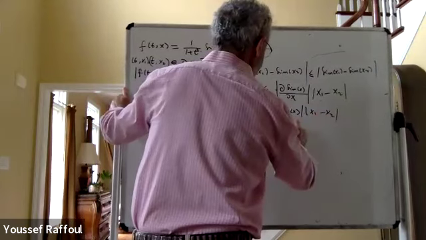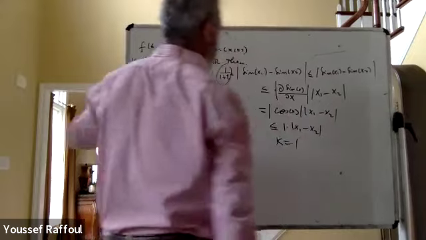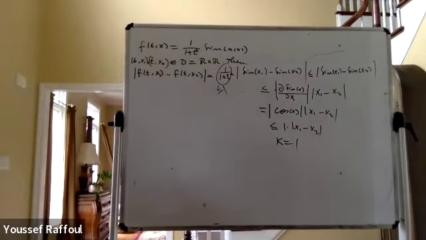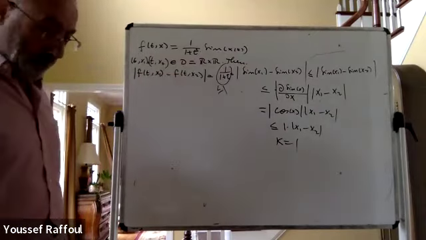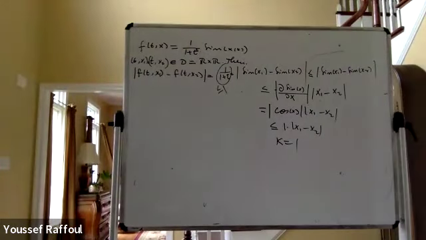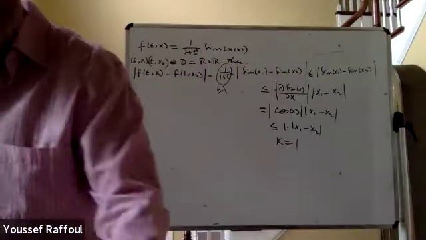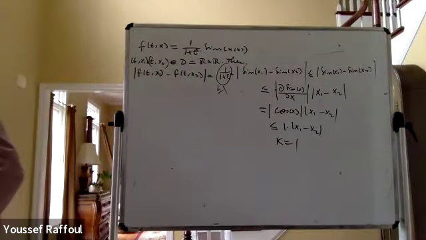This is less than or equal to 1 times x1 minus x2. So k is 1, because cosine x is always less than or equal to 1 in absolute value. So you see how you show this is Lipschitz? Okay? All right. I don't want to dwell on this one too much.